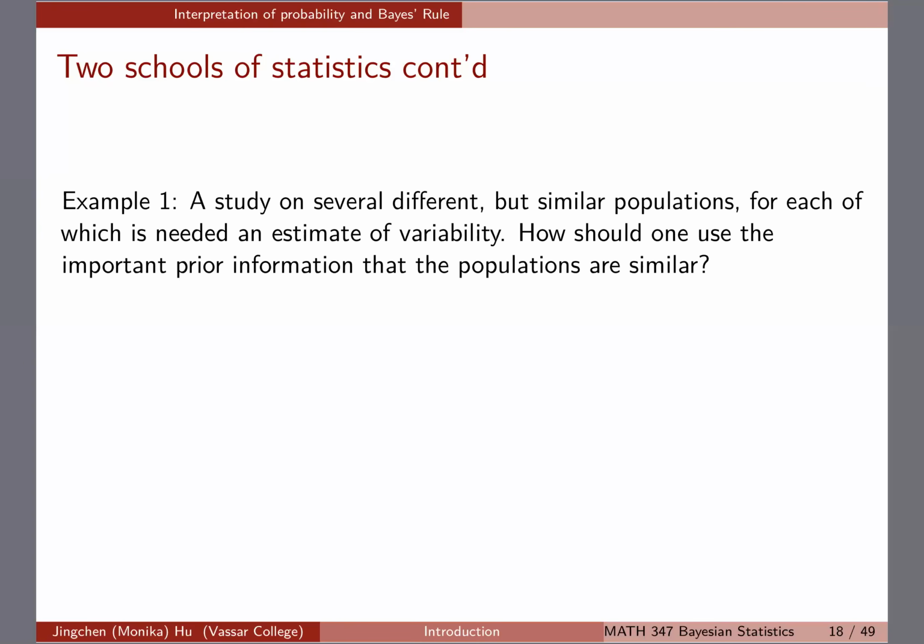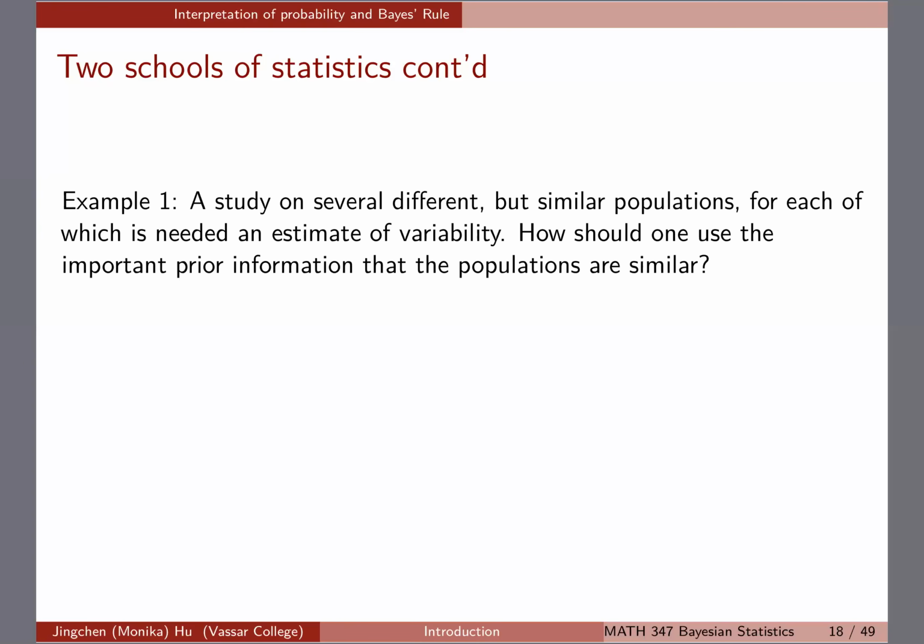So typically, that's what I think a frequentist method will do. And this is, I would say, a drawback because it's really hard to incorporate that kind of prior belief that they should be similar. Okay? But in the Bayesian method, this kind of similarity can be incorporated into the model itself.